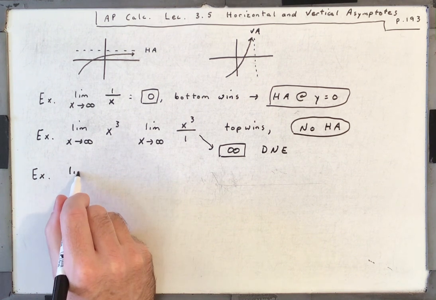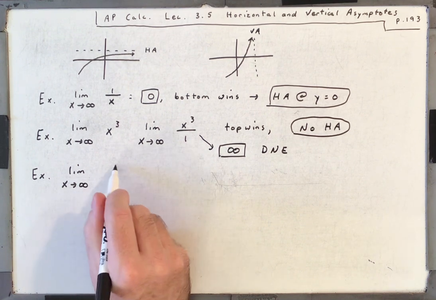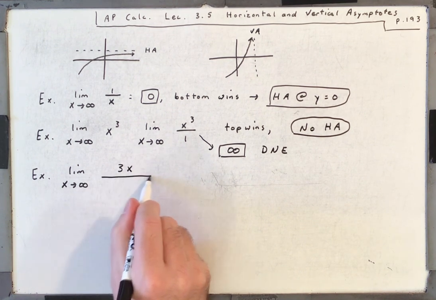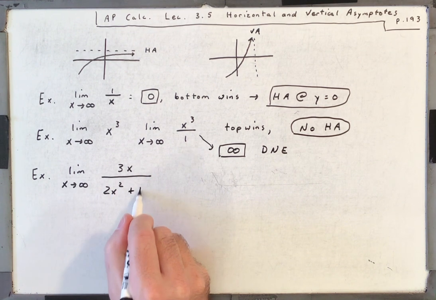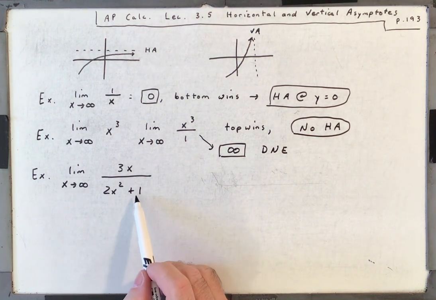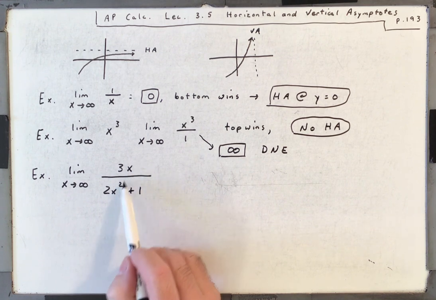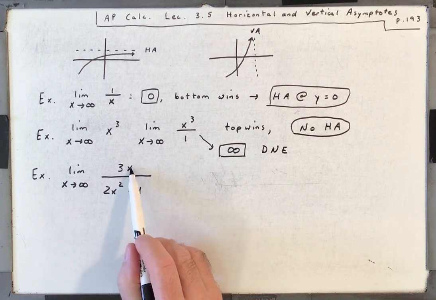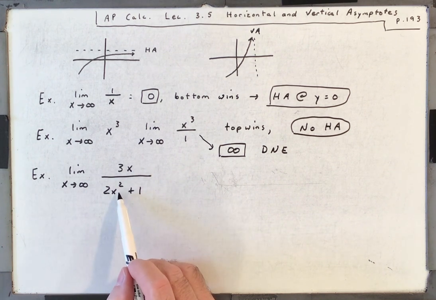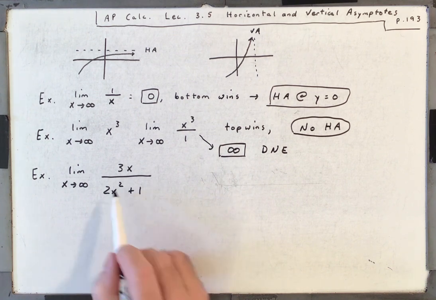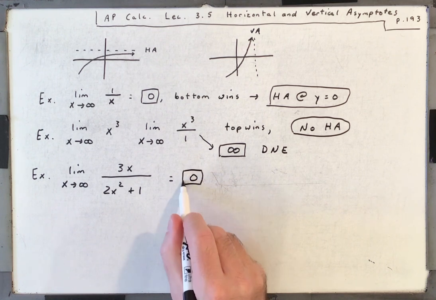All right, let's take a look at the limit as x approaches infinity of 3x over 2x squared plus 1. I don't care about the plus 1. I only care about the powers of x. If you plug infinity in over infinity squared, the bottom wins. When the bottom wins, the answer is 0.